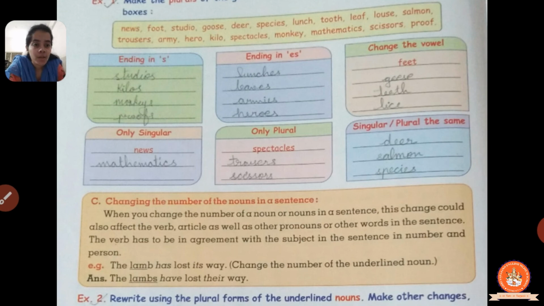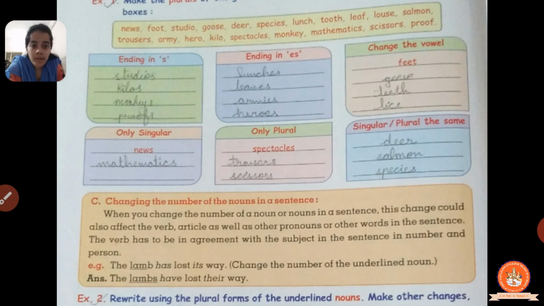When you change the number of a noun or nouns in a sentence, this change could also affect the verb, article, as well as the pronouns or other words in the sentence. The verb has to be in agreement with the subject in the sentence in number and person, right?